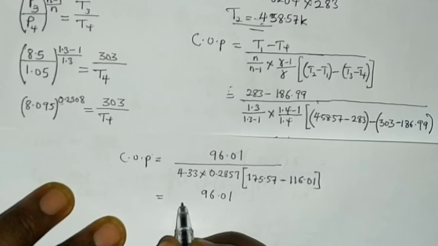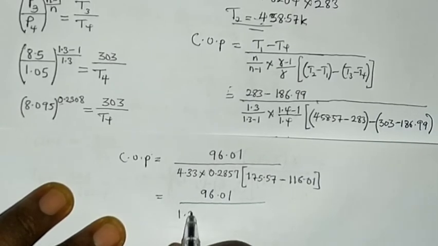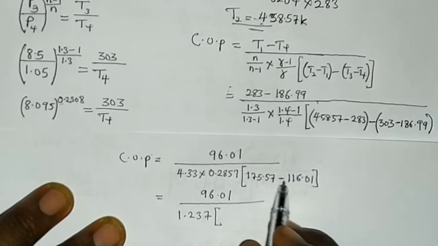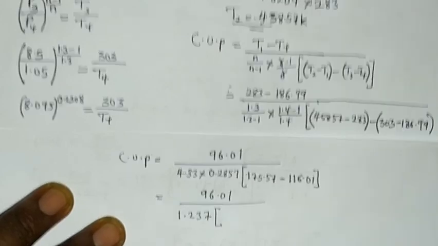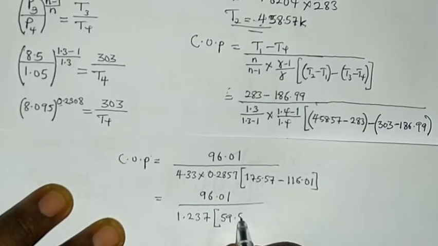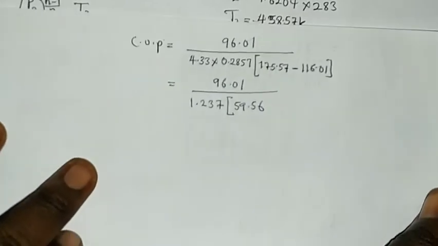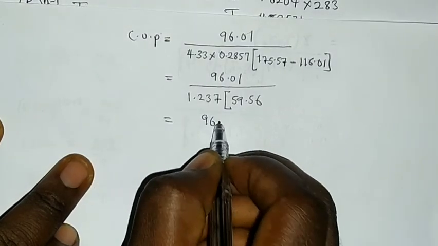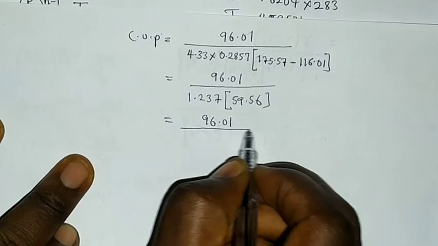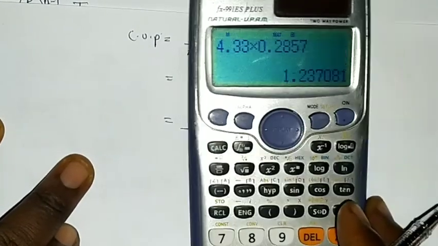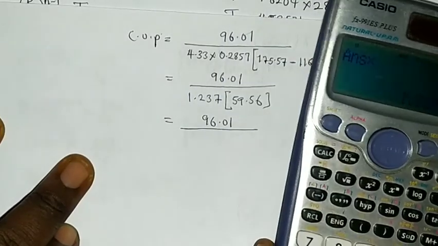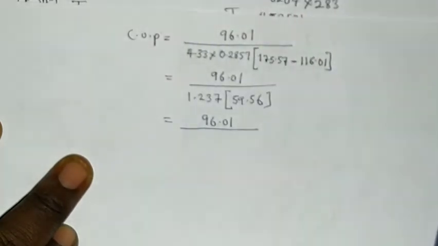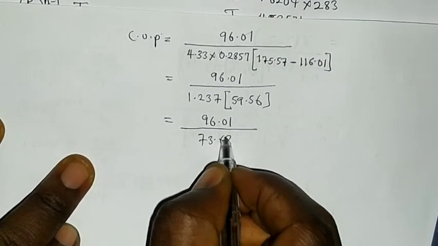This gives us 1.237 multiplied by (175.57 minus 116.01), which is 59.56. So the COP will be 96.01 all over 1.237 multiplied by 59.56, which gives 73.68.